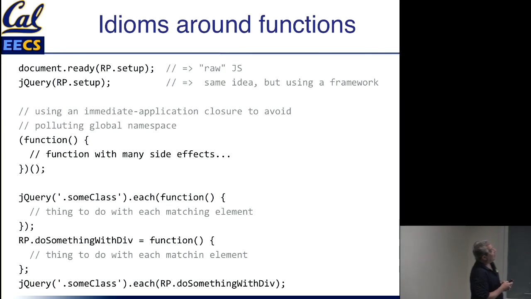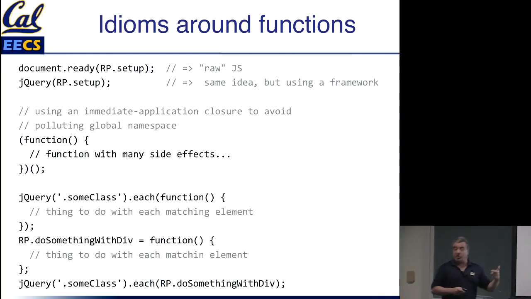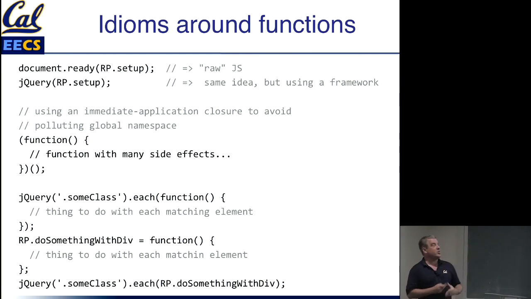So in this first line, one of the standard calls that a browser provides is called the ready function. What you pass to the ready function is a function. The browser promises that once the page has been completely loaded from the server, it will call any of the functions that are in the ready list. You can actually have multiple ready functions. Why do you need this? Because, for example, you might have JavaScript code that expects the page to have been loaded, expects some element to be somewhere so that it can animate it or highlight it.